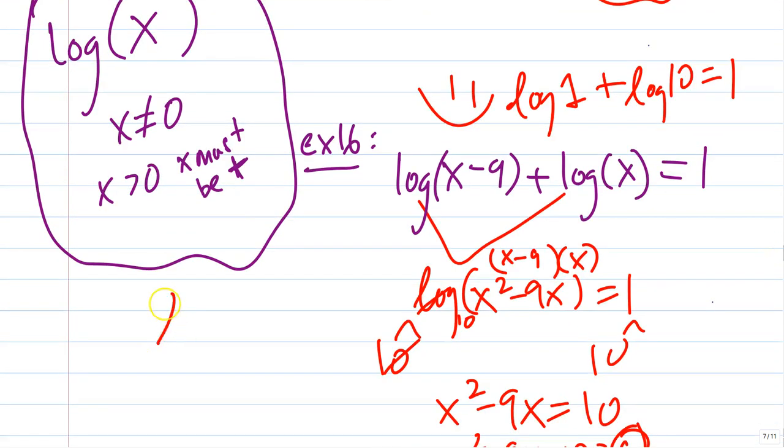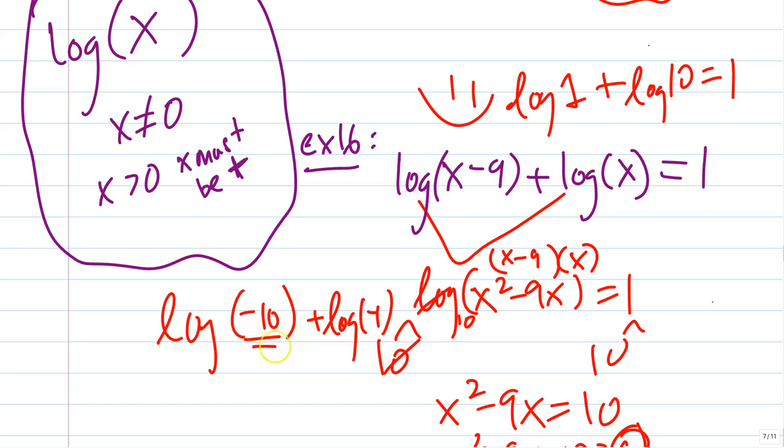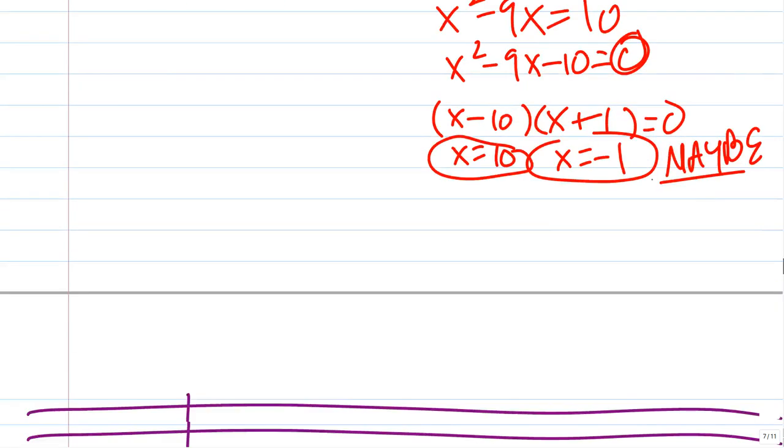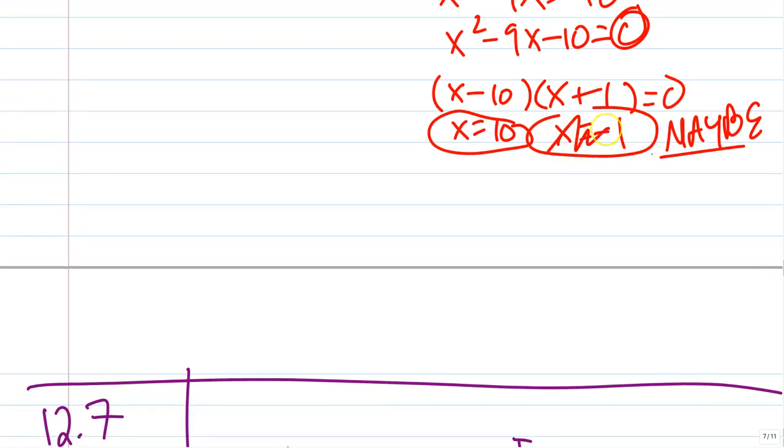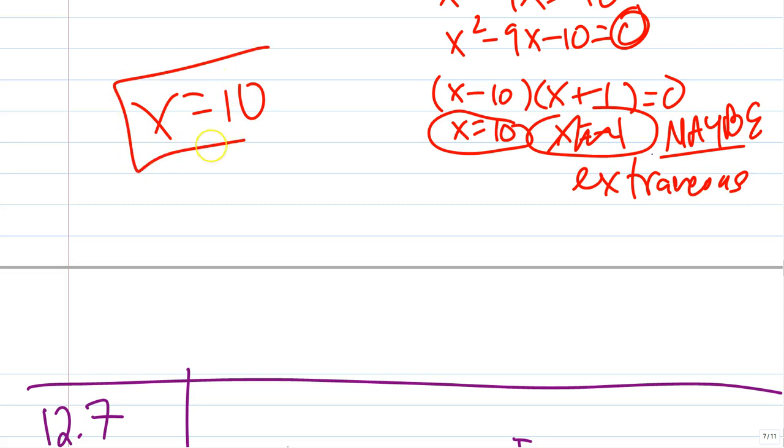That would be log of negative 10 plus log of negative 1. We got a problem because what's inside the logarithm cannot be negative. It must be positive. So that means that this answer is extraneous. And so our only answer is really x equals 10.